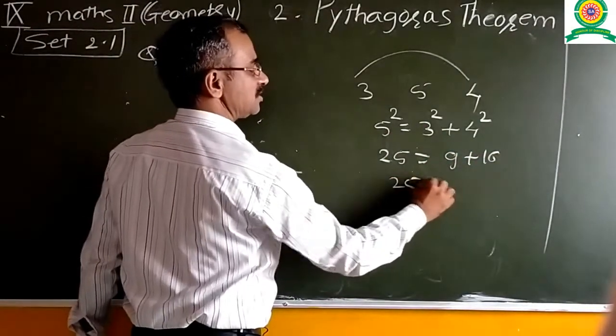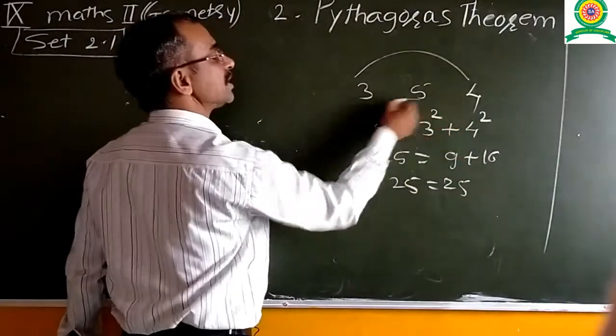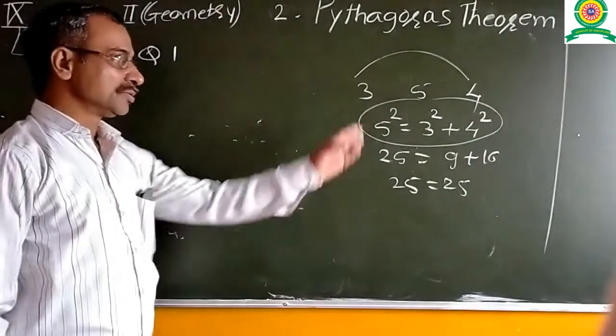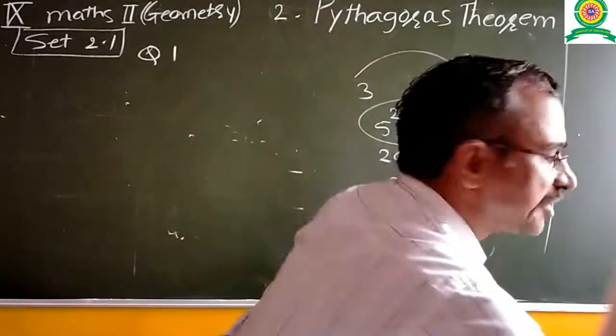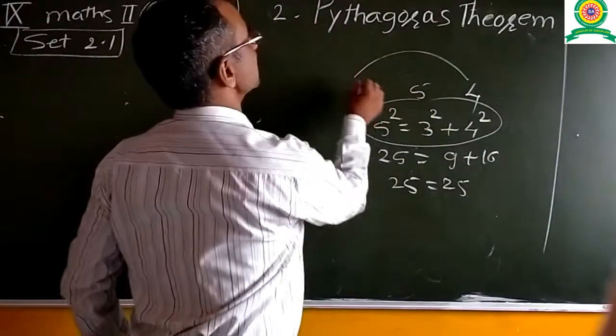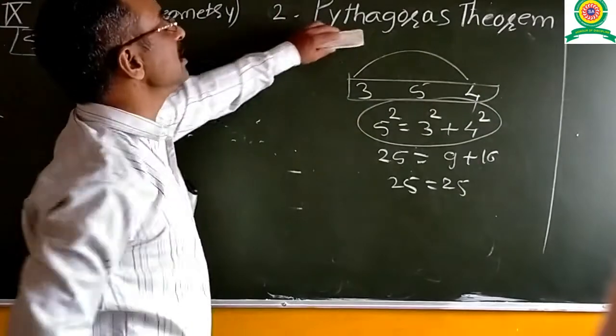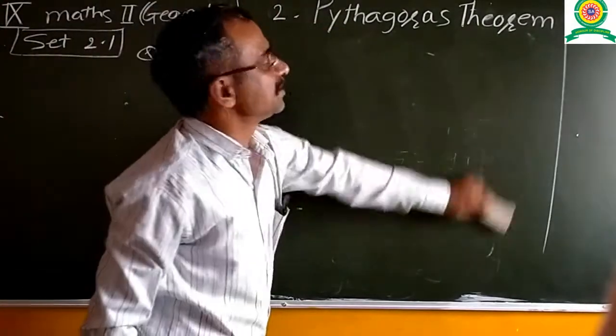So 25 is equal to 25. This means the sum of their squares is equal to the square of the highest integer. Then this set of numbers is called a Pythagoras triplet.